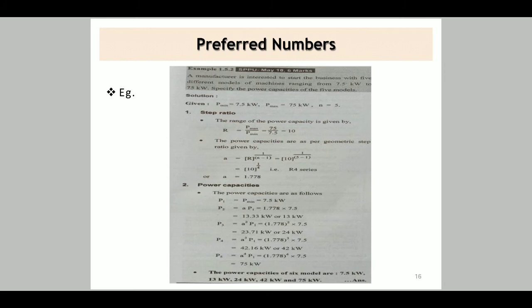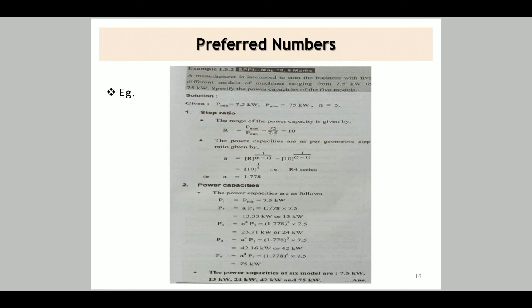So for the next model, 1.778 is the value of A into P1 which is 7.5. So we will get P2 as 13.33 kilowatt. Similarly, P3 will be A square P1. So again 1.778 square into P1 which is 7.5. So we will get the value of P3 as 23.71 kilowatt, or near about 24 kilowatt we can write.